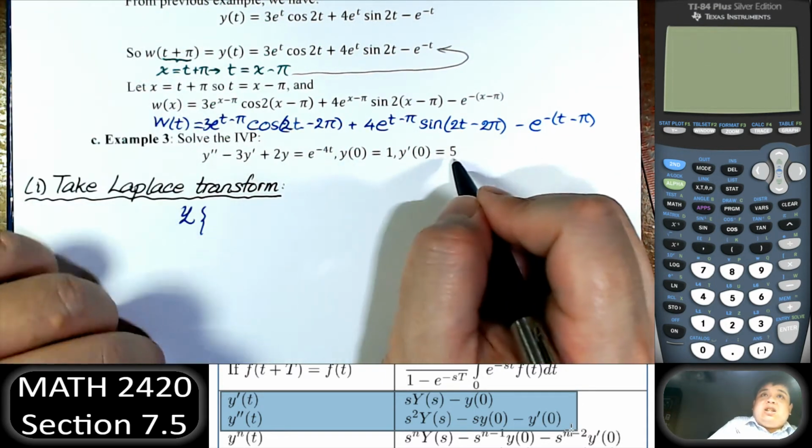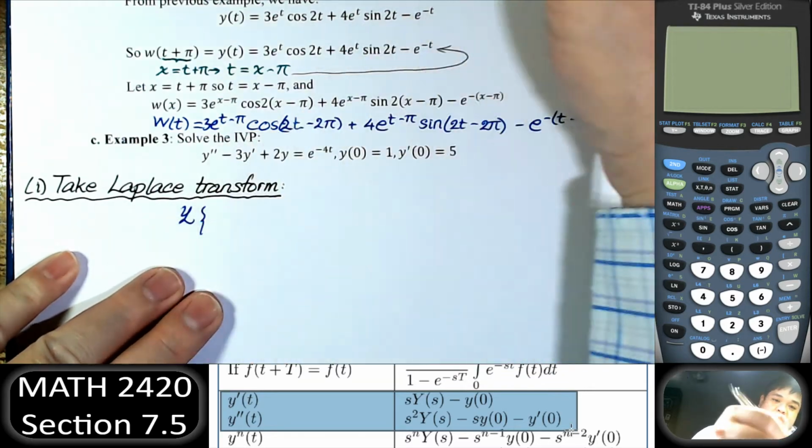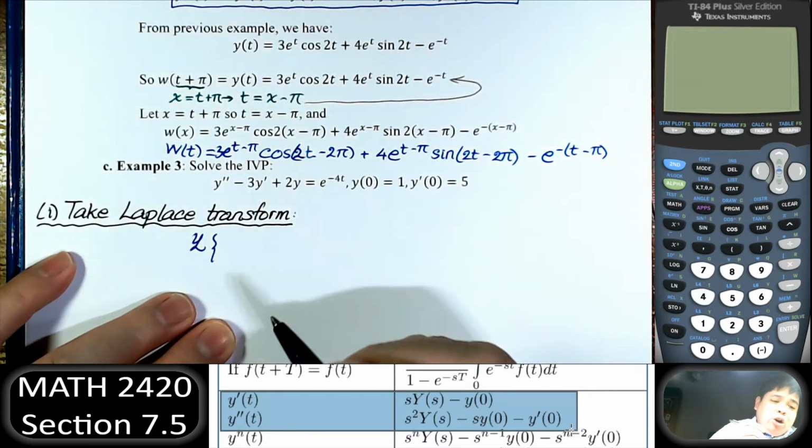The good thing is the initial condition is 0, so we don't have to do the change of variable here.